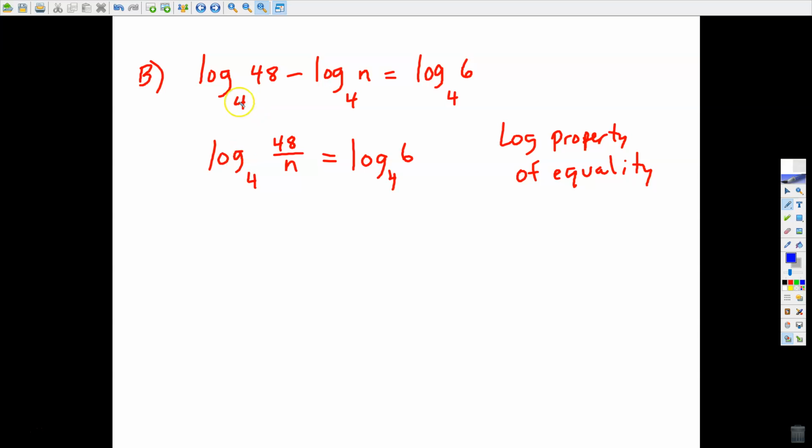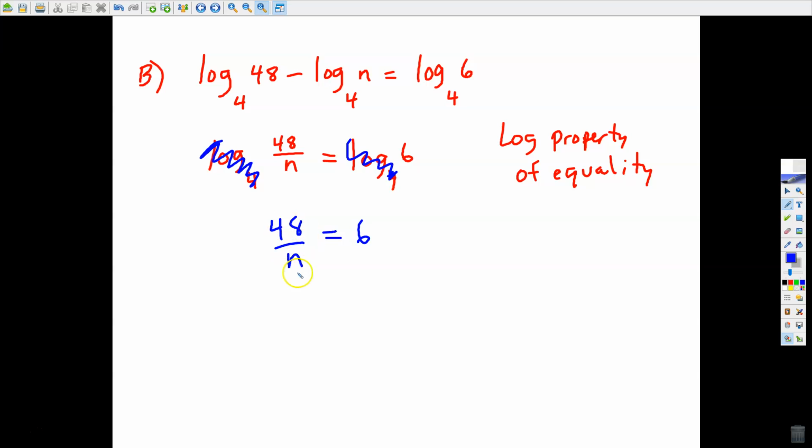Do you notice how I've got just one single log of the same base on either side of the equation? Essentially the log property of equality says that what I had before is the same thing as 48 over n equals 6. So you can think of the logs as canceling each other. Again, they have to be single logs, one on each side of the equation, and they have to have the same base for this to be true.